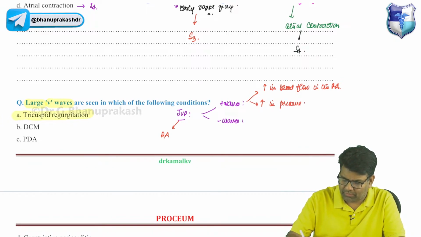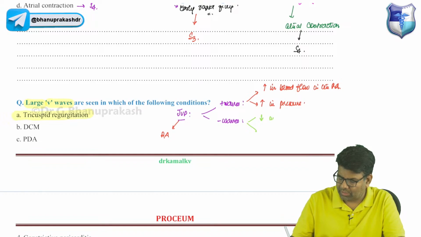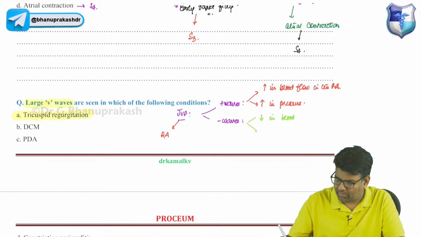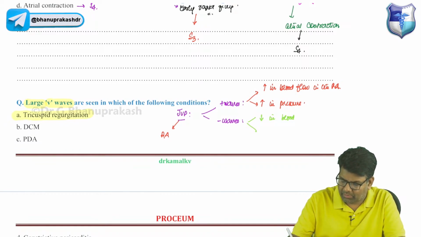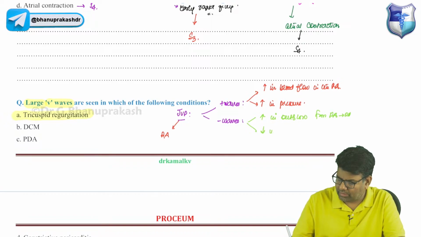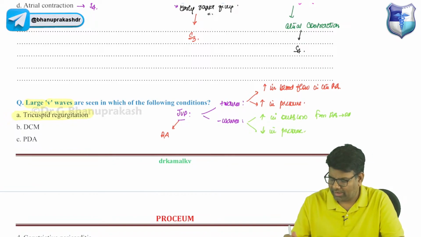So increase in blood flow or increase in pressure, and if you reverse the facts, it will be the negative waves. Decrease in blood flow, or in simpler terms, you can write outflow. Outflow will be better. So increase in outflow from right atrium to right ventricle, or decrease in pressure, which we will see in cases of atrial relaxation.